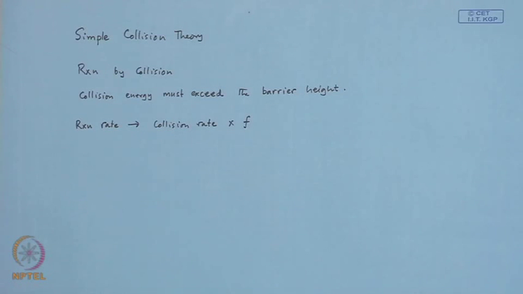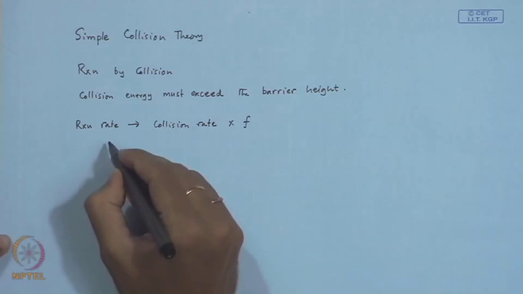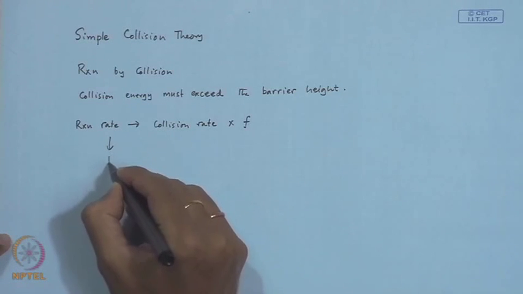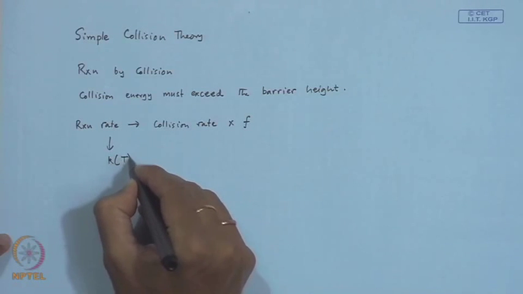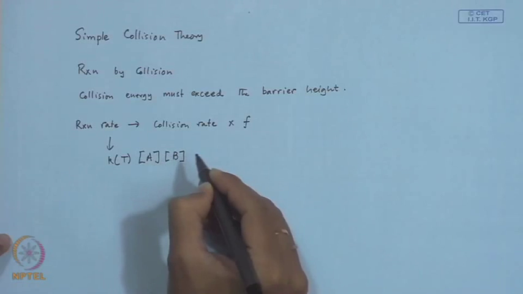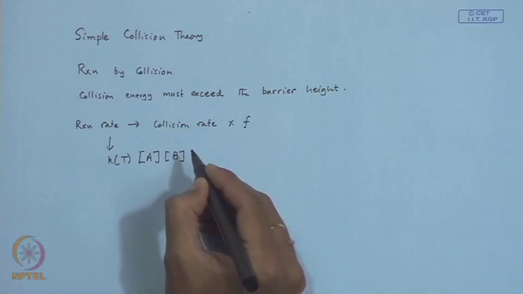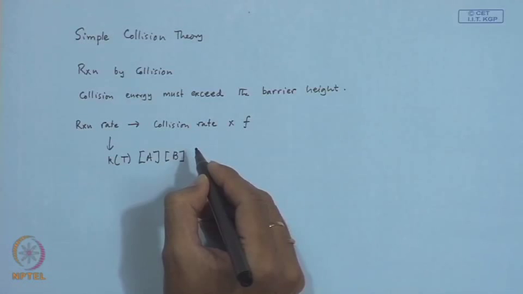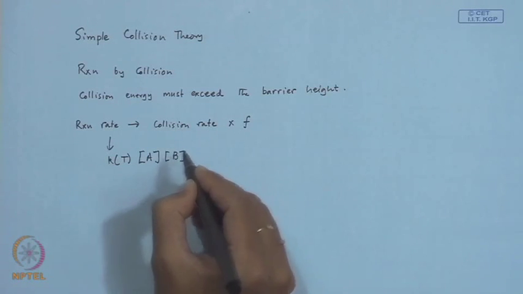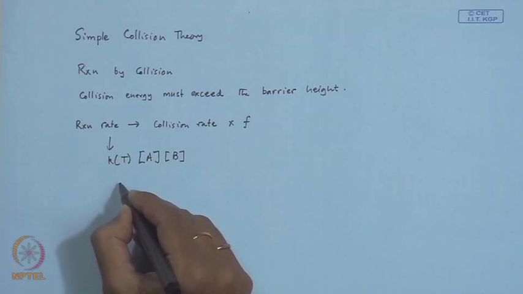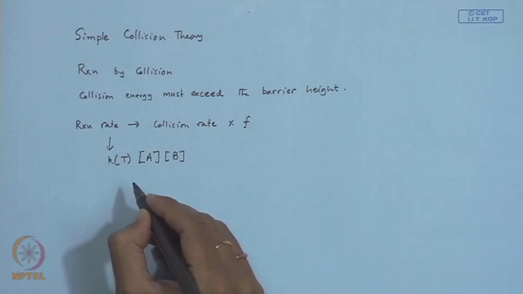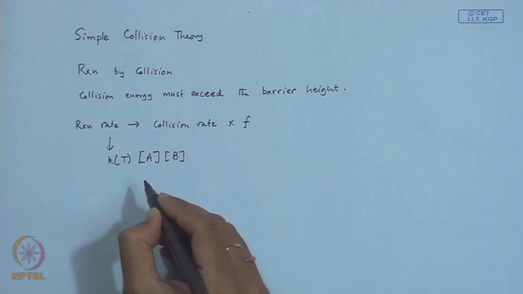Normally the reaction rate is written as k, which is a function of temperature, times the concentration of A times the concentration of B. It is the normal way of writing from the chemical kinetics point of view. And your collision rate is basically capital Z_AB times the concentration of A times the concentration of B.